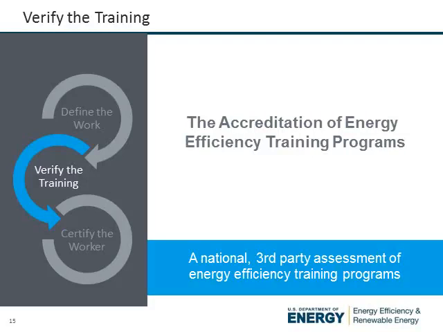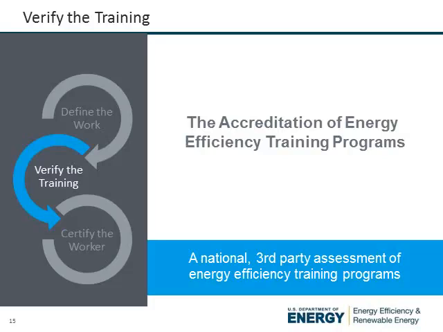And then as we move into the next logical step here, we're talking, well, what would it mean to adequately train someone to do all of the tasks and to have all of the knowledge and skills that are called for in the job task analysis? And the way we do that is we look at training programs that are training individuals in the industry, and we validate their quality and their ability to provide training with something called an accreditation.